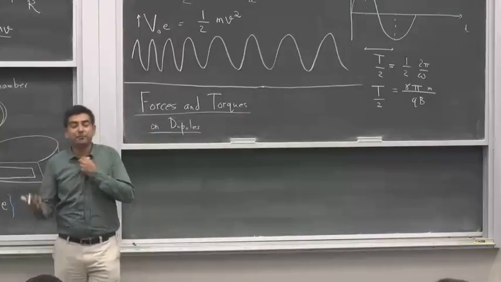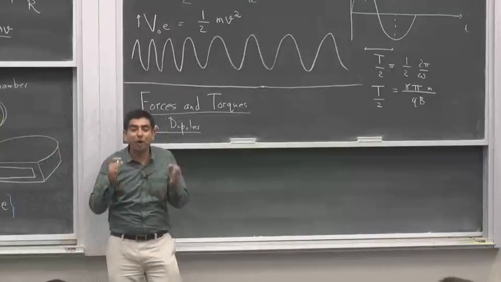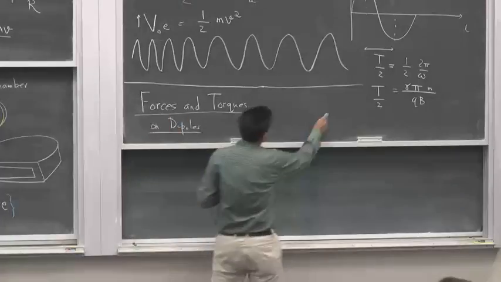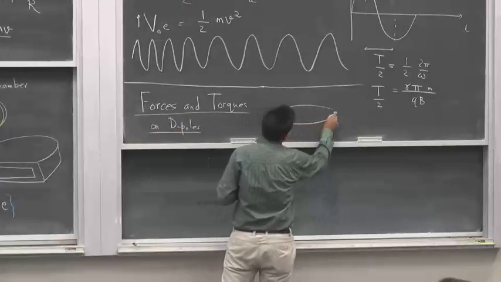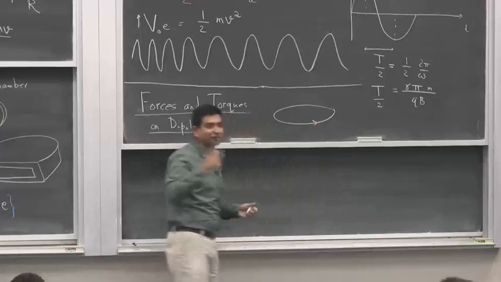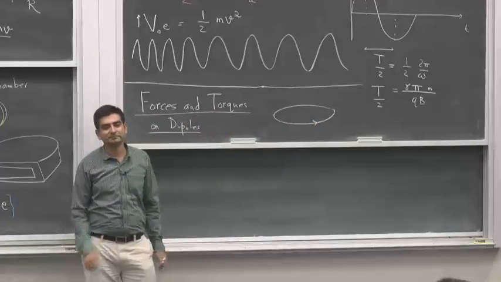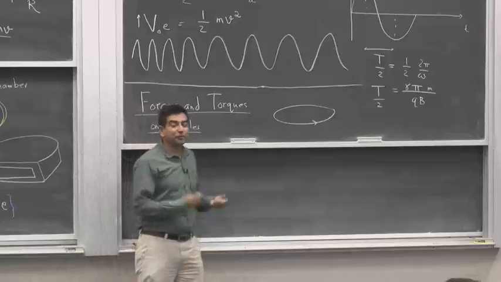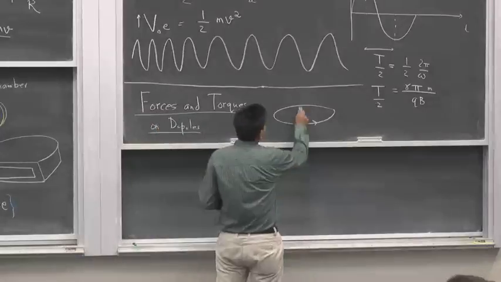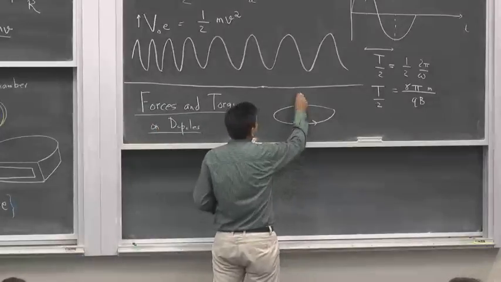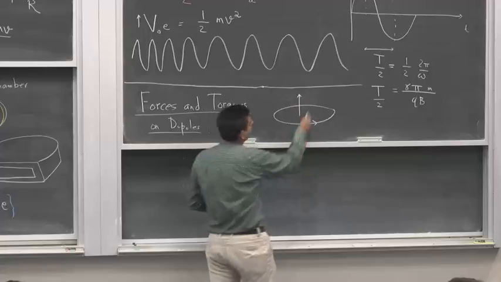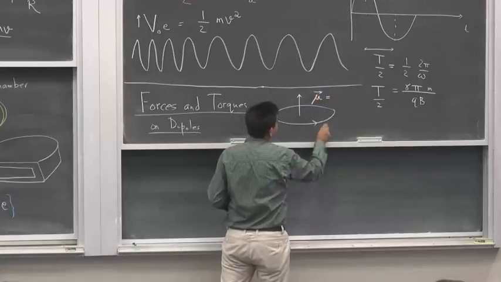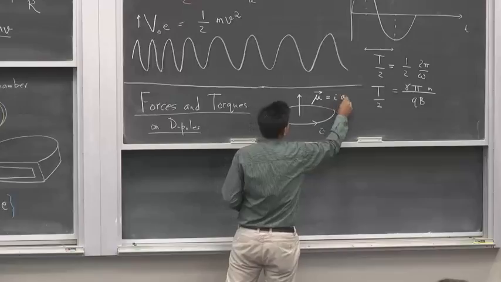Now what is a dipole? A dipole is just modeled by a circulating current. So I have a circulating current, like a moving charge, an electron moving in an orbit, right? Or a real current loop. Okay? Now this produces a magnetic field. The direction of this magnetic field is normal to the plane of this loop. It's denoted by mu, and is given by the current I times the area vector.